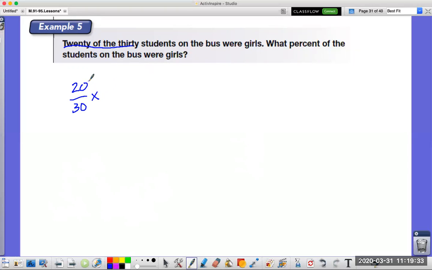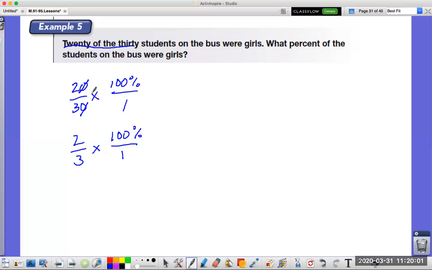And actually, before I even get going, I noticed something here. I see that this 20 and this 30 can both be reduced. I can make this a little simpler to work with: 2/3 times 100%. If I do that, it's basically the same as 20 over 30 times 100%.